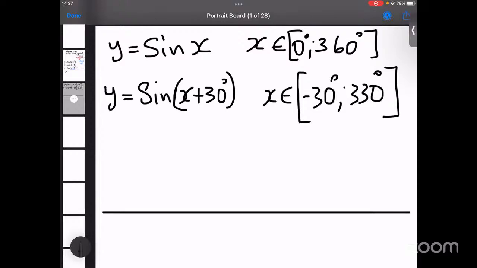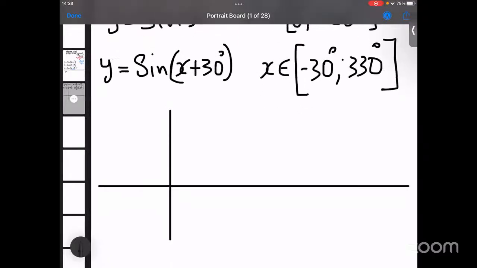The most important thing when it comes to sketching these functions is to find out what the critical points are. So let's say there we have 1, then 0, and then -1. And what else?